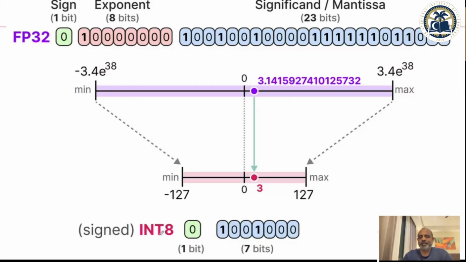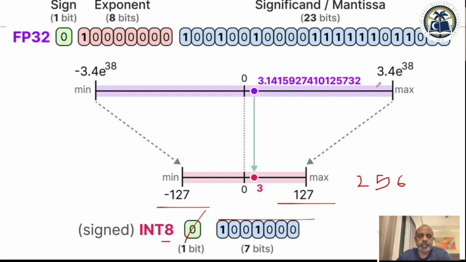Now comes fixed point. In fixed point, if it is int 8, there are only 8 bits. 1 bit goes to the sign as 2's complement, so now you have 7 bits, and a total of 256 values. It means all these infinite possibilities of numbers have to be mapped to numbers from minus 127 to 127.